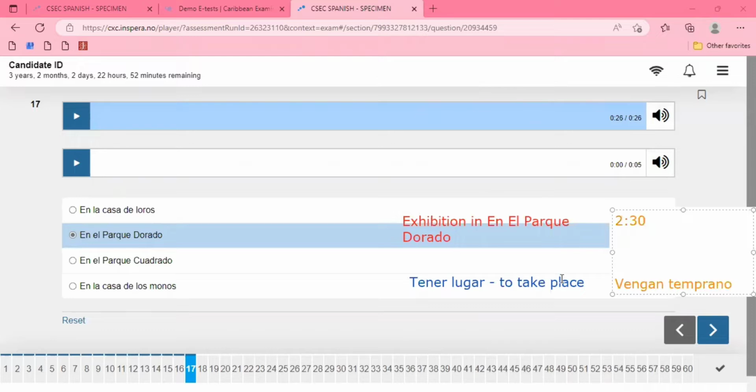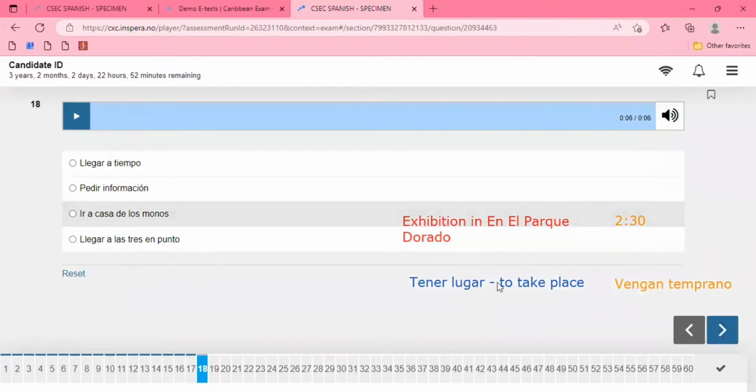Alrighty. So we heard a bit going on. So we have here, although we passed this already, that exhibition is going to be in El Parque Dorado. We jotted down our keyword. We know it's going to start at 2:30 if it was dos, or 12:30 if it was doce, but that's fine for now.